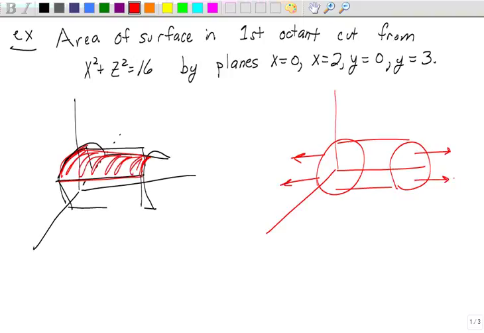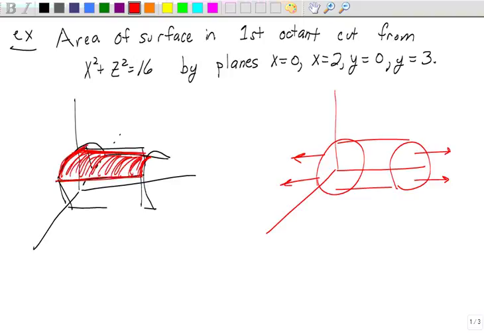And if you want the first octant, and we cut it by x equals 0, x equals 2, y equals 0, and y equals 3, so we're just getting this top half right here.